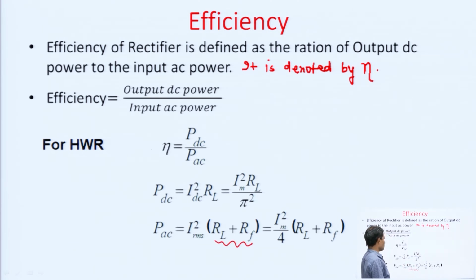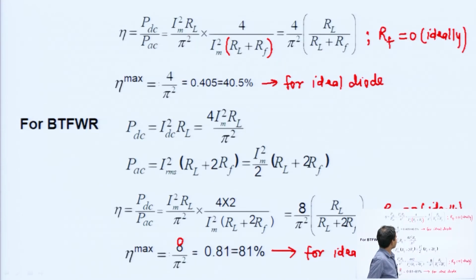Ideally RF is equal to 0. For the practical case, Pac = (Im²/4)(RL + RF), then the efficiency becomes Pdc upon Pac, equal to (Im² RL/pi²) times 4/(Im²(RL + RF)). This is equal to 4/pi² times RL/(RL + RF).